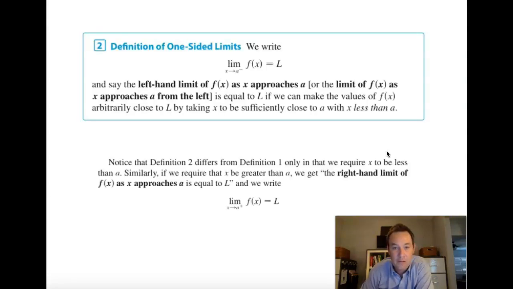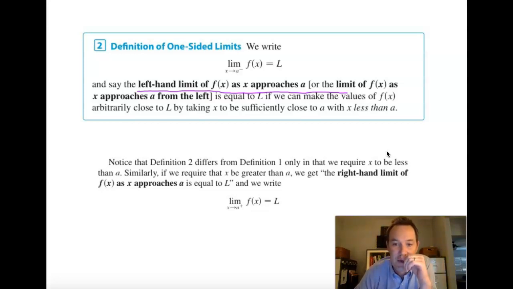Whenever you see a little superscript of a minus, like this, we call that a left-hand limit. And all that means is that we are only looking at what's going on as x approaches a from the left side. So it's a minus because where are the negative numbers?